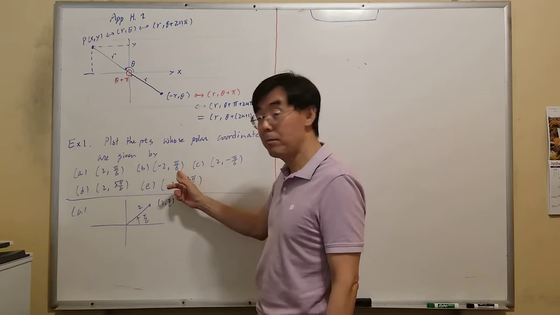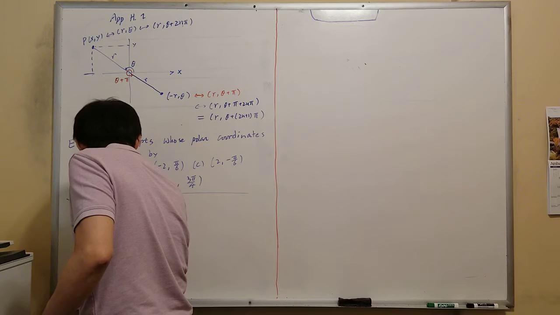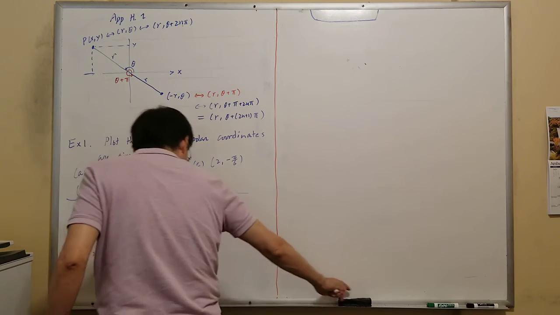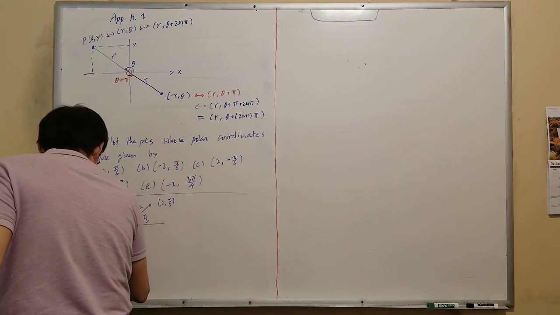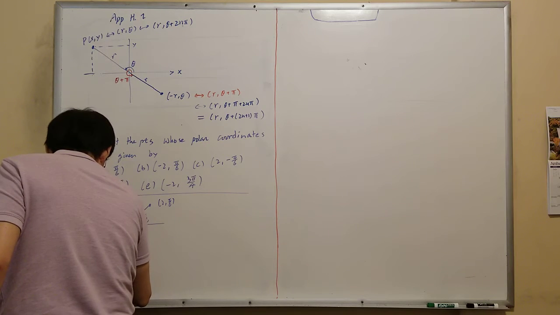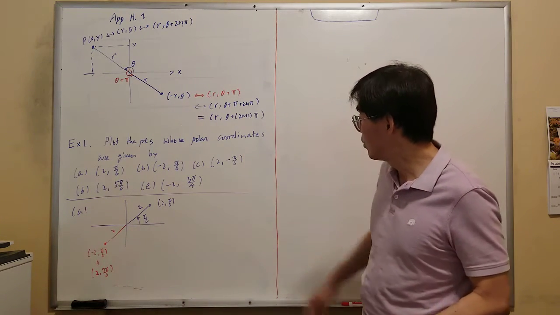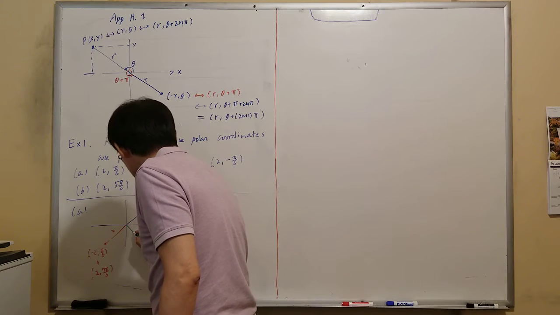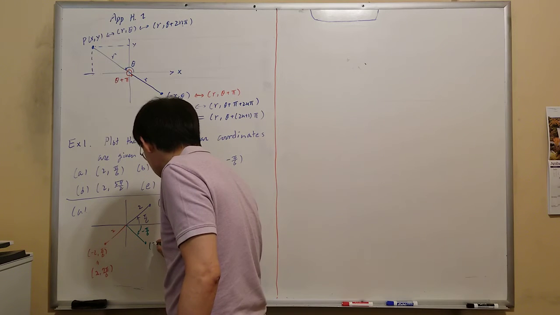Distance 2 away, but on the opposite side of pi over 6. As a point, this is the same as 2, 7 pi over 6, the other side. C. 2, minus pi over 6: same distance 2, and minus pi over 6 means going down, clockwise.